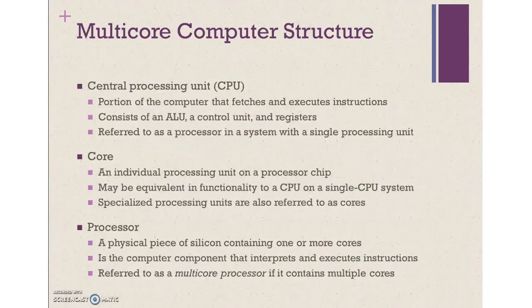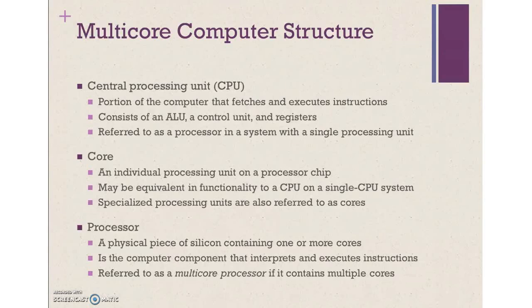As we mentioned, modern computers nowadays have more than one CPU inside the processor chip. Computers generally have multiple processors. When these processors are all on a single chip, the term multi-core computer is used, and each processing unit is called a core. To clarify the terminology, this slide defines them.